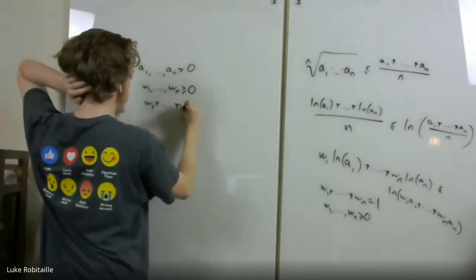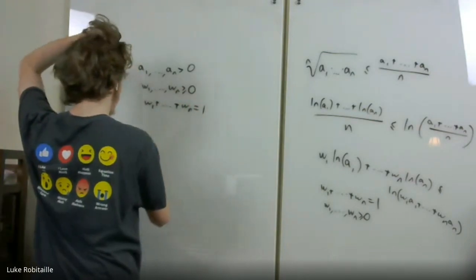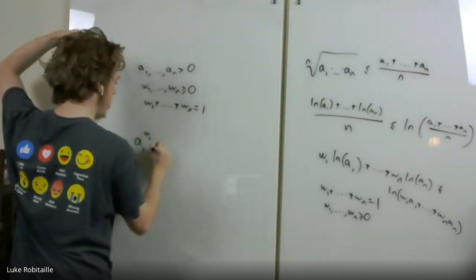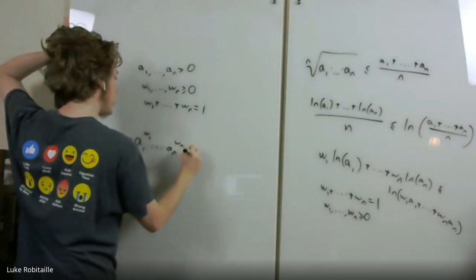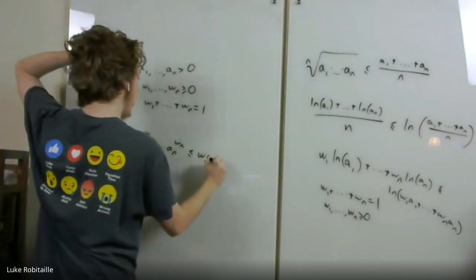Then you have that the product of a_i to the w_i is less than or equal to the sum of w_i a_i.